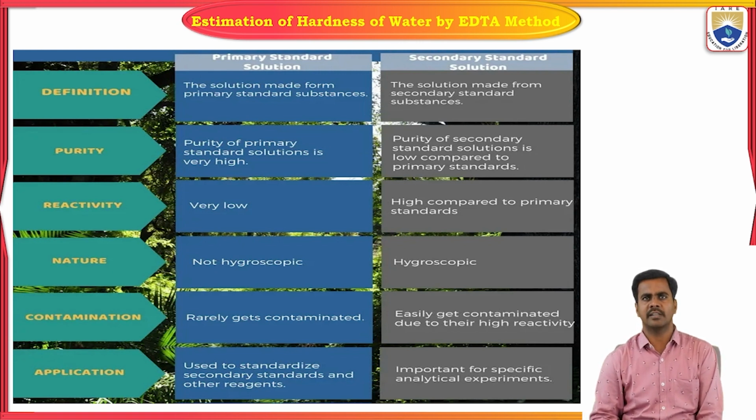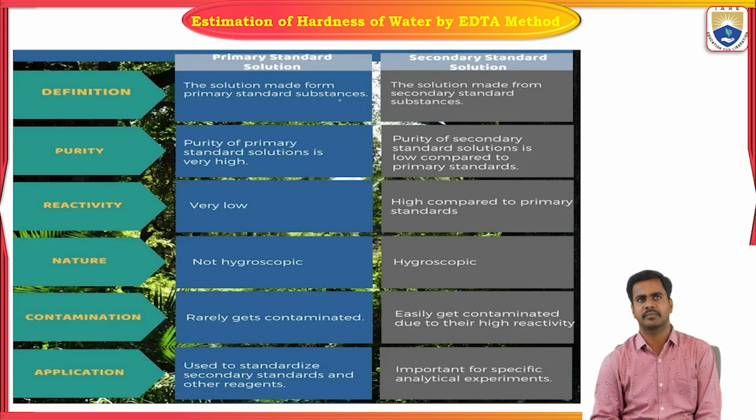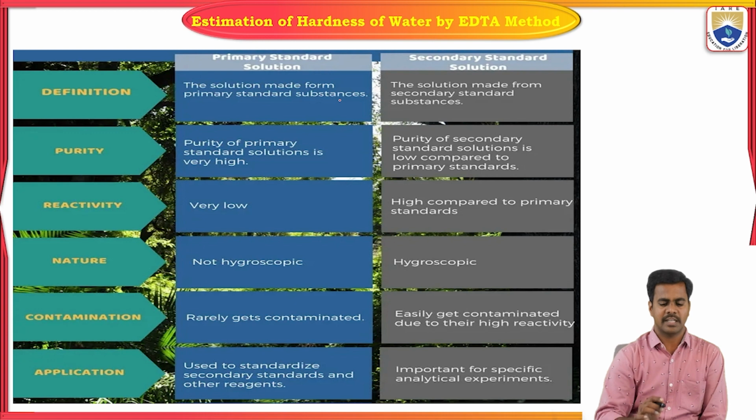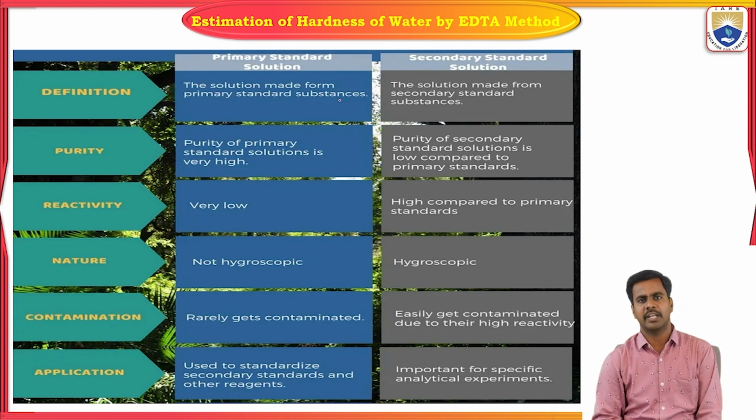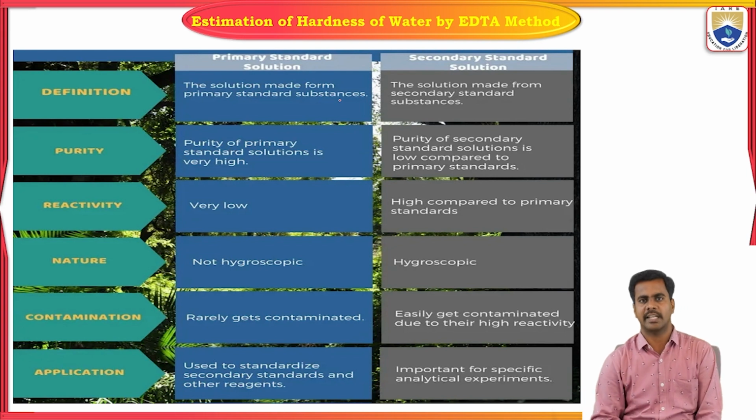The solution made from secondary standard substances is a secondary standard, and the solution which is made from primary standard substances is a primary standard solution. For example, magnesium sulfate and calcium carbonate are primary standard substances. Our EDTA belongs to the type of secondary standard.